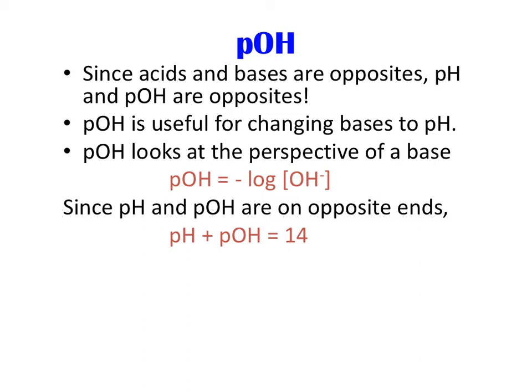And then there's a relationship between pH and pOH, which is that when added together, they equal 14, which comes from the relationship we saw a little bit ago that the H plus concentration times the OH minus concentration equals 10 to the minus 14th. If you just negative log all of those, you get that. So that's a nice way of going between pH and pOH rather than using the concentrations.